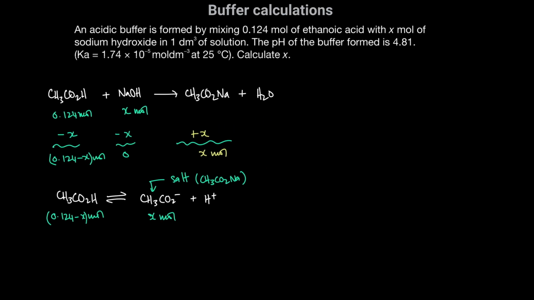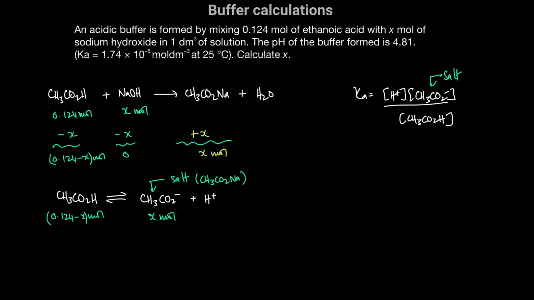We know that the Ka is equal to the concentration of H+ times the concentration of the conjugate base divided by the concentration of the acid. Again, the conjugate base is just coming from the salt.